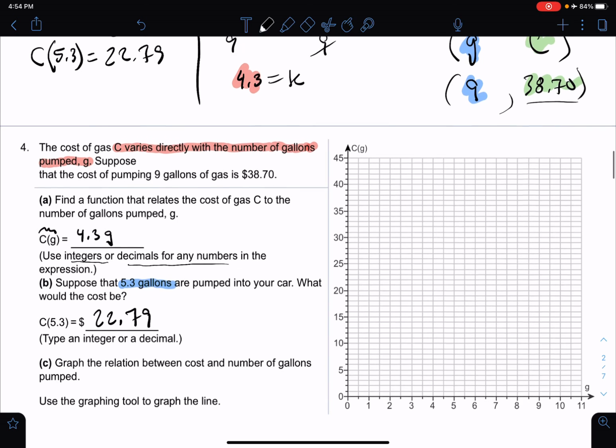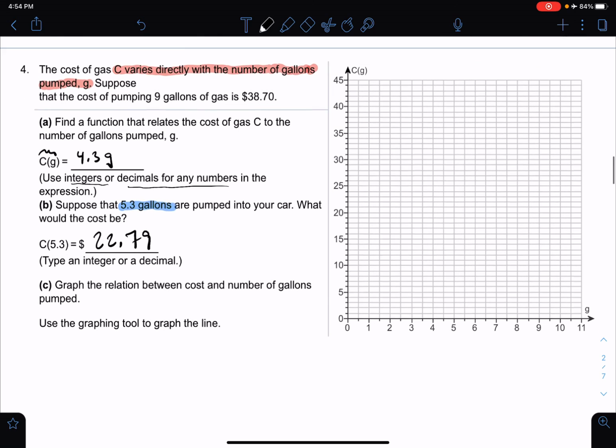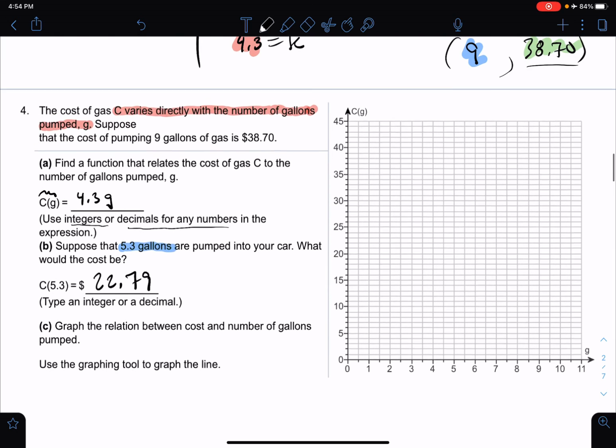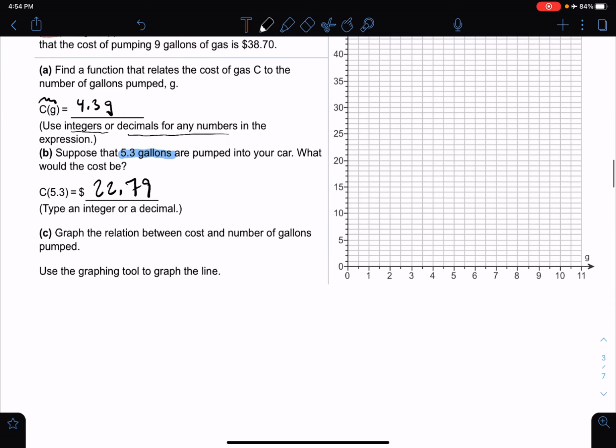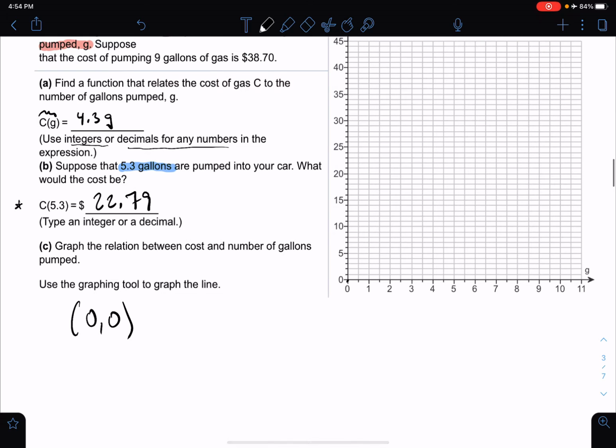It said it wanted to be exact, yet the numbers that we have, I want you to think about something. We've got a couple numbers we can use to graph this, actually. We've got 0, 0. We know it's going through 0, 0. We also have 5.3 gallons pumped, and it cost me $22.79.